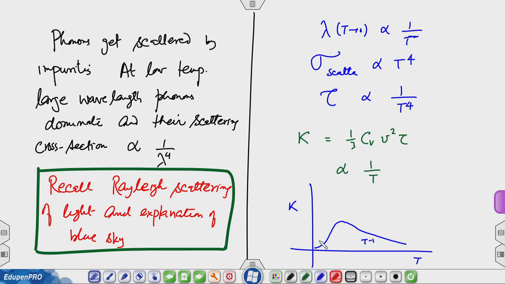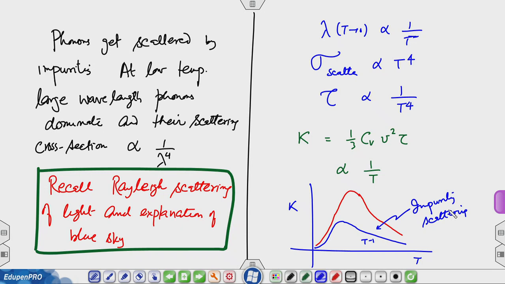Whereas, with the Umklapp process, this goes up further and then when the Umklapp process sets in, this starts having a behavior which is exponential and then becomes linear. So, this is due to impurity scattering. Finally, at high temperatures, both the Umklapp scattering as well as impurity scattering give T inverse behavior.